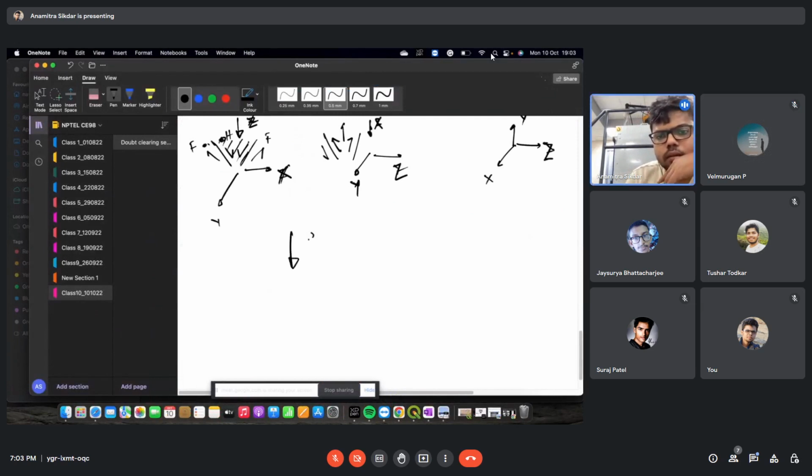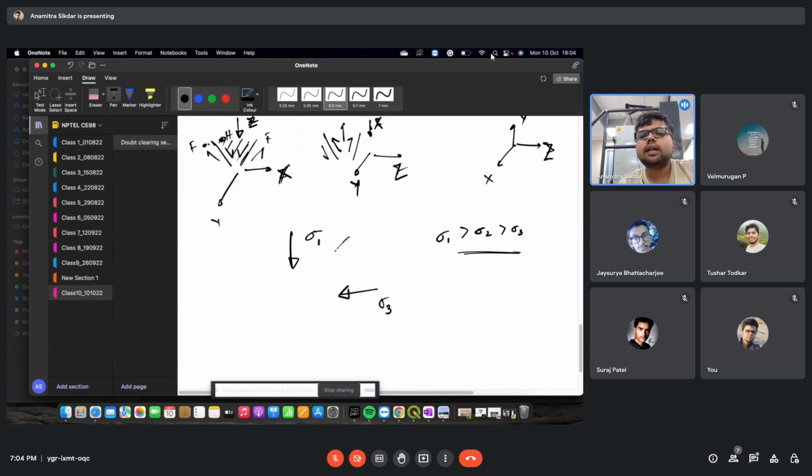Suppose you have sigma 1 acting in this direction and sigma 3 acting in this direction. We know sigma 1 is greater than sigma 2 is greater than sigma 3, right? This is the assumption.